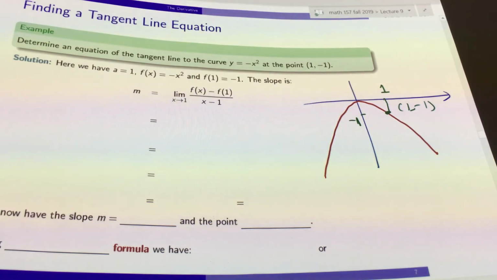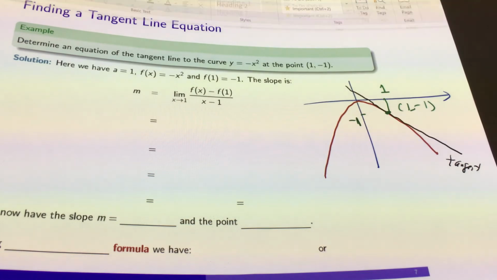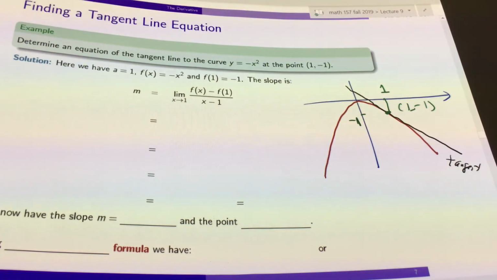You can see that you would expect a tangent here. Before calculus, you didn't have a very good method to find a tangent. This is actually geometry, how to draw a tangent.